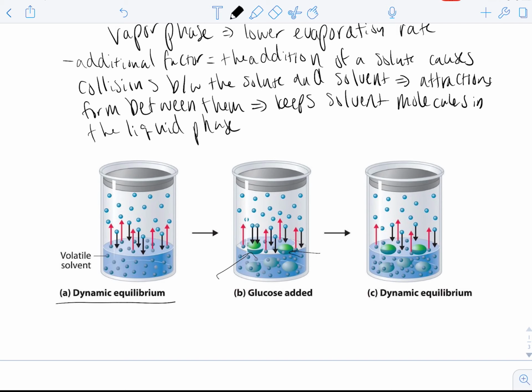As a result, we don't have as great a rate of evaporation, but the rate of condensation is still occurring. And as we go back to another equilibrium, we have a lower vapor pressure because there are fewer molecules going into the vapor phase.